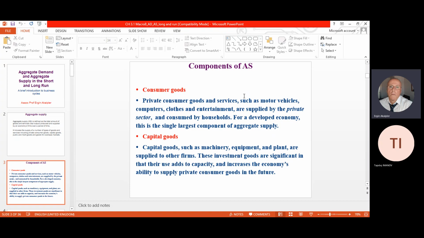And the capital goods, which are used in the production process, such as machineries, equipment, plant, are supplied to the firms, to the companies. These investment goods are significant in that their use adds to capacity and increases the economy's ability to supply private consumer goods in the future.